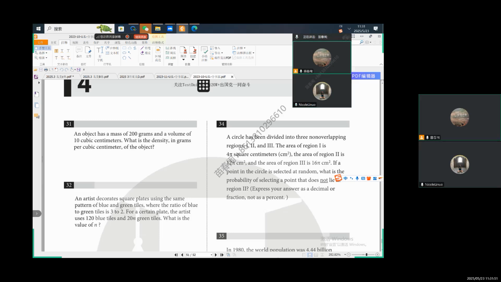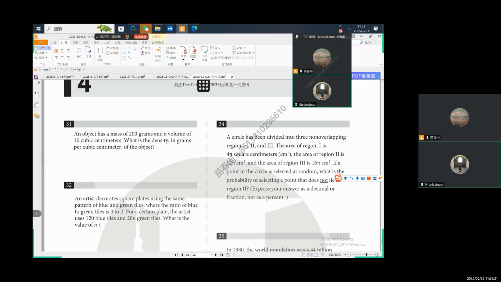What's the probability of knots? I have no idea. Because didn't we say 360 degrees equals 2 pi?